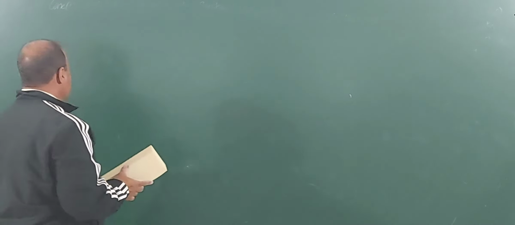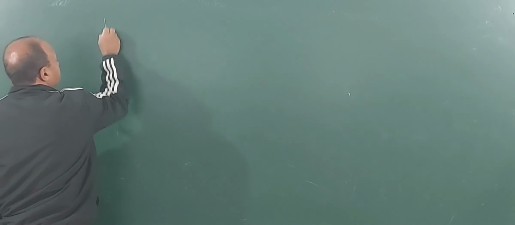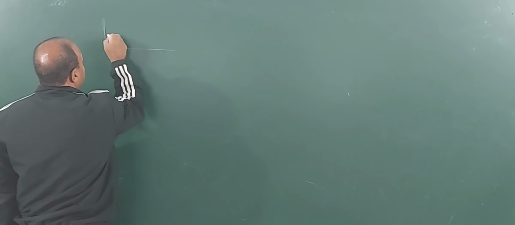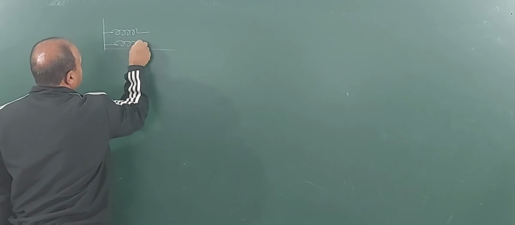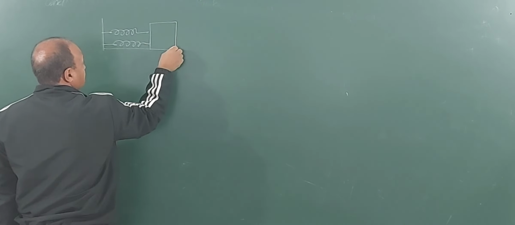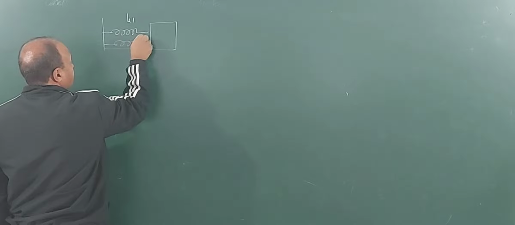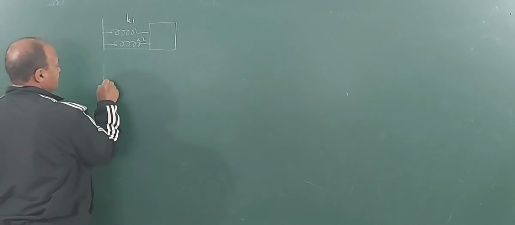Now, children, once you have finished a simple spring, you may come across a situation where you have multiple springs also. Like here we have this problem. We have two springs, for example, attached to a mass. Spring constants are K1 and K2. Or you can have a situation like this.